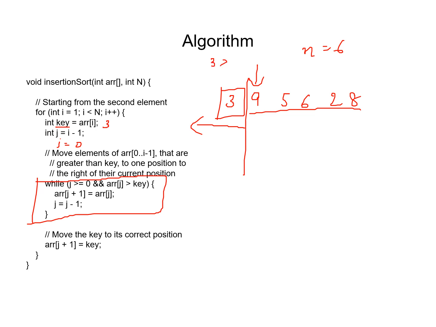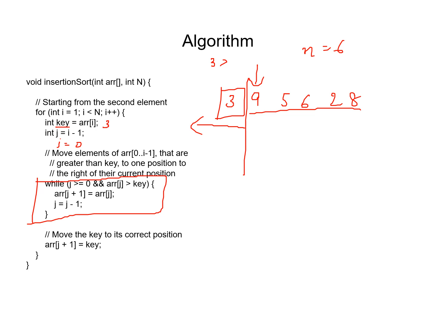In key I am just keeping 3 here, and array of 0 is also 3. So this condition is false. So it will not go inside this while loop. And what will happen? array[j plus 1] equals key.